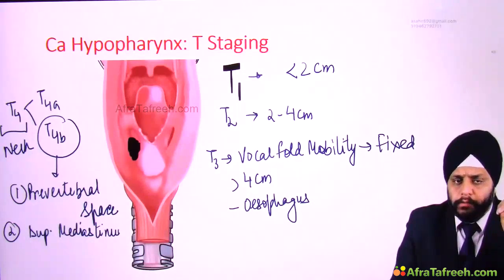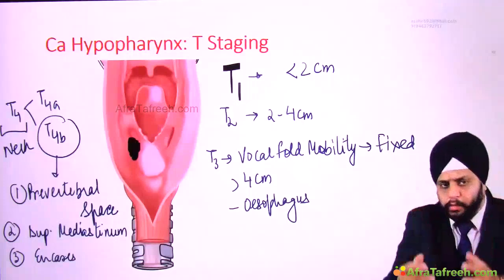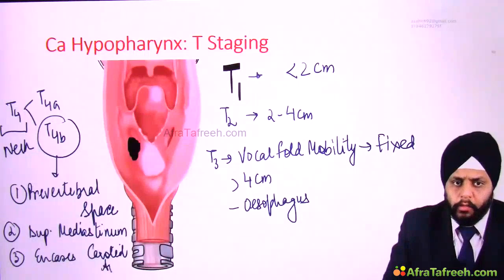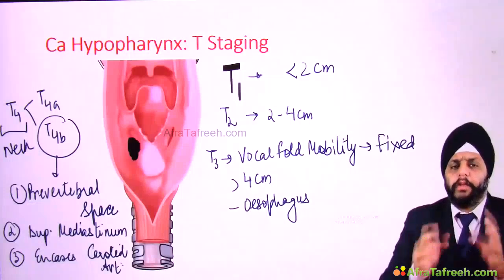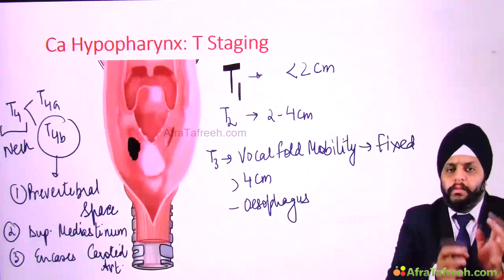And number three, it encases, which means completely surrounds, the carotid artery. In this scenario, it will be T4B. Anywhere else in the neck, it will be T4A.